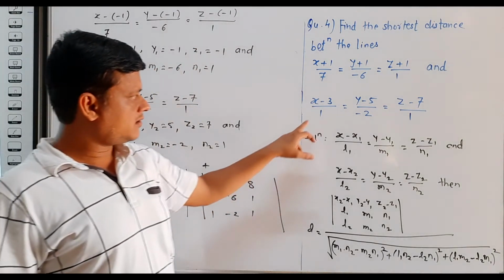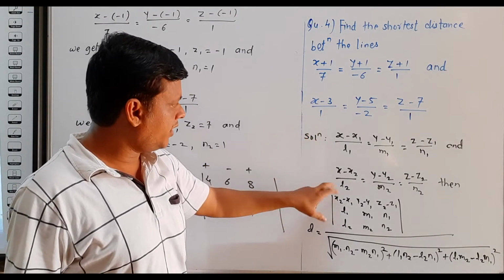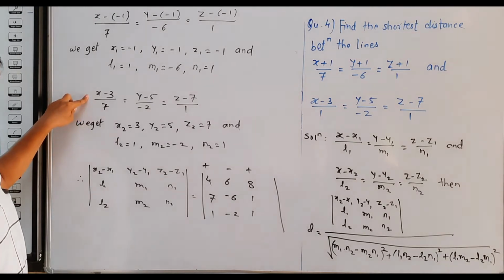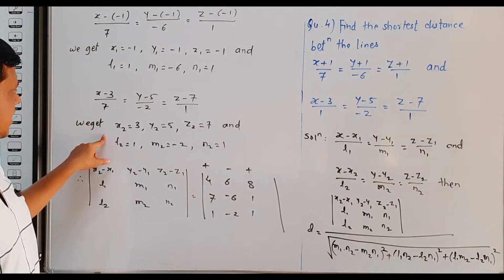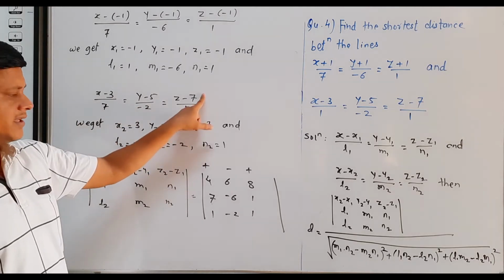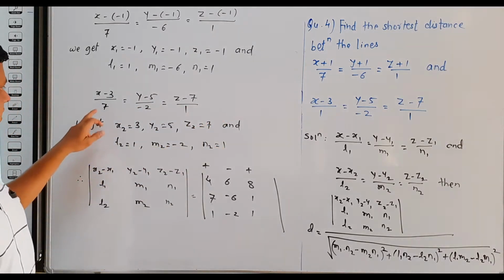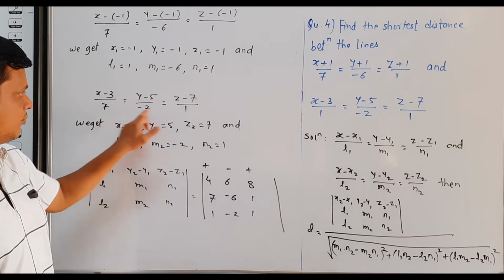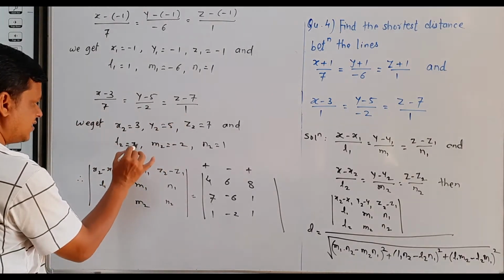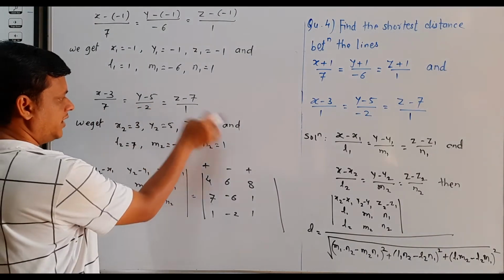Similarly, we compare the second equation, and we get x2 as 3, y2 as 5, z2 as 7, and the values of L2, M2, N2 are 1, -2, 1.